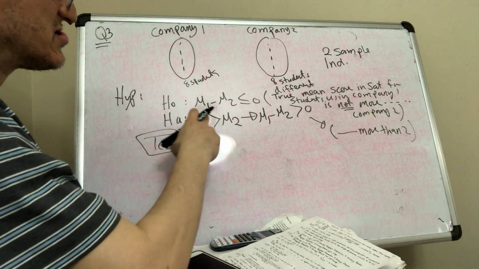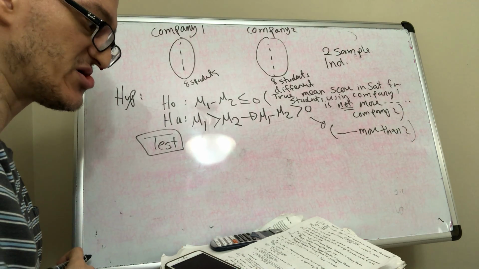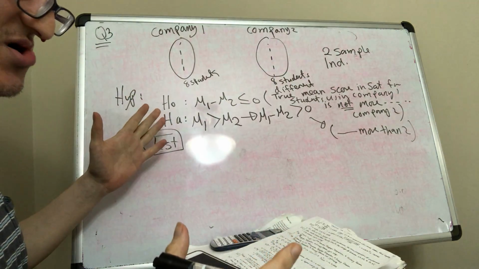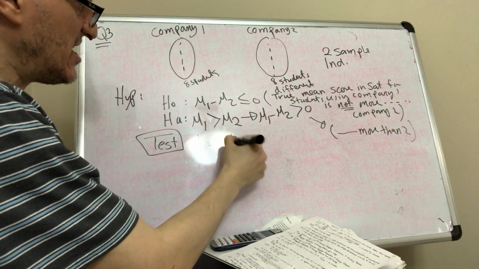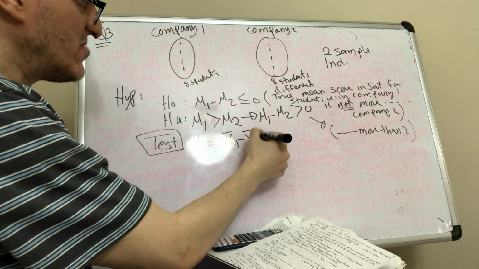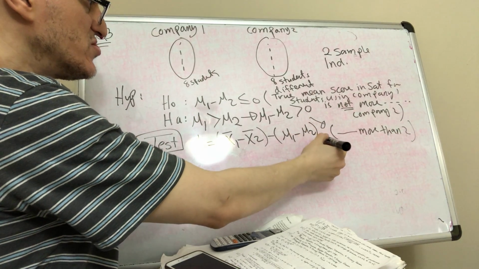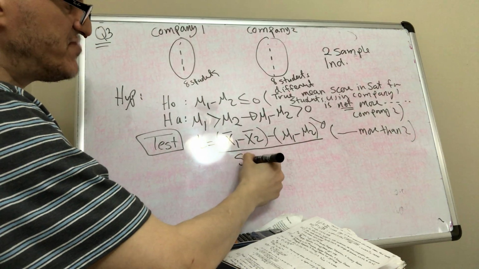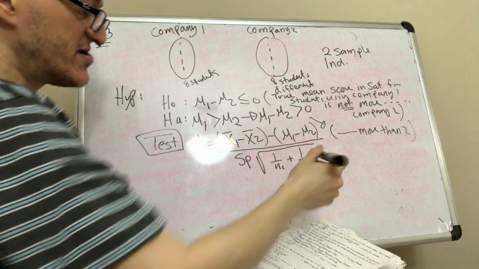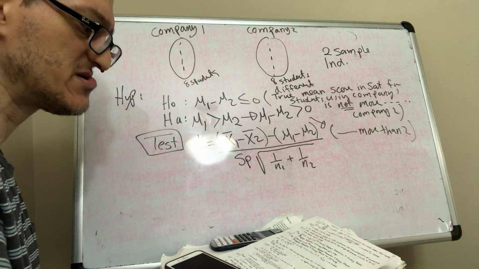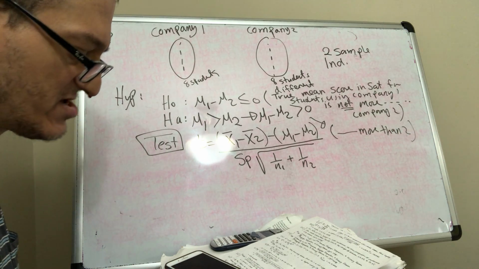The test we would use, if it's 2 sample independent and there are no sigma, we don't know what the standard deviation is for all students, so we're going to use average group 1, average group 2, mu1 minus mu2, over SP times the square root of 1 over N1 plus 1 over N2. And you'll see this formula in your confidence intervals, you'll see it in your formula sheet.